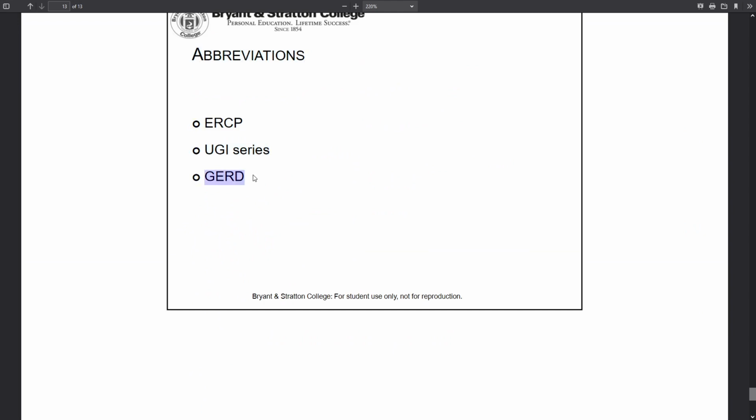GERD. GERD is gastroesophageal reflux disease. It specifically can result in what's called Barrett's esophagus. Basically the stomach acid gets up into the esophagus, and again, that's why it's called esophageal reflux.